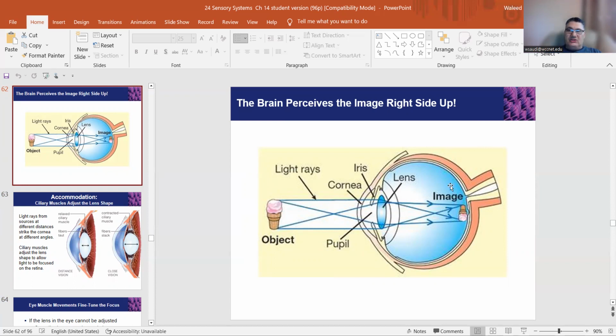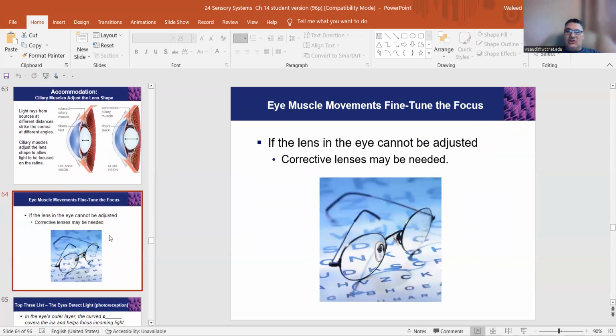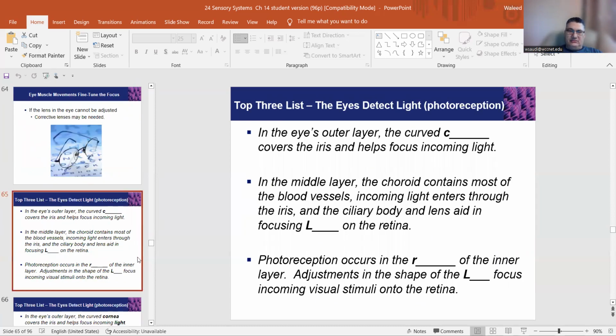And the other way around, if your eye is smaller, this refraction will happen behind the retina. So you can use corrective lenses, whether it is glasses like this or contact lenses, whatever can help you to do the refraction.